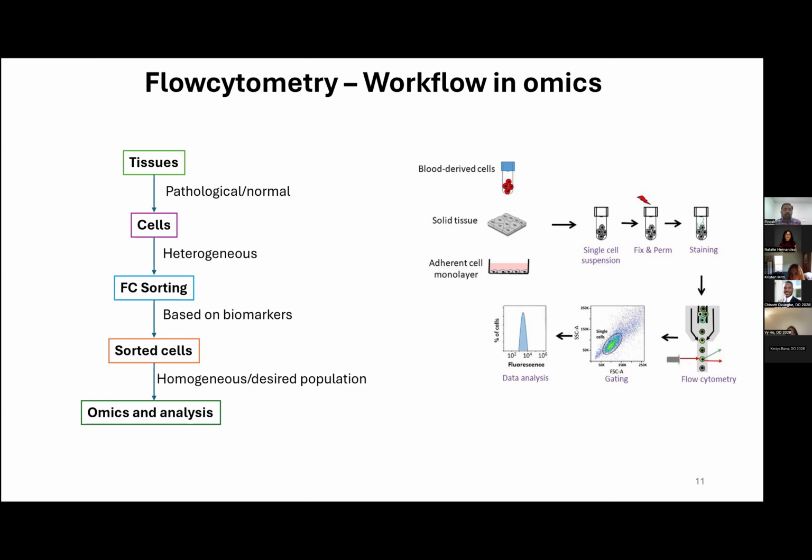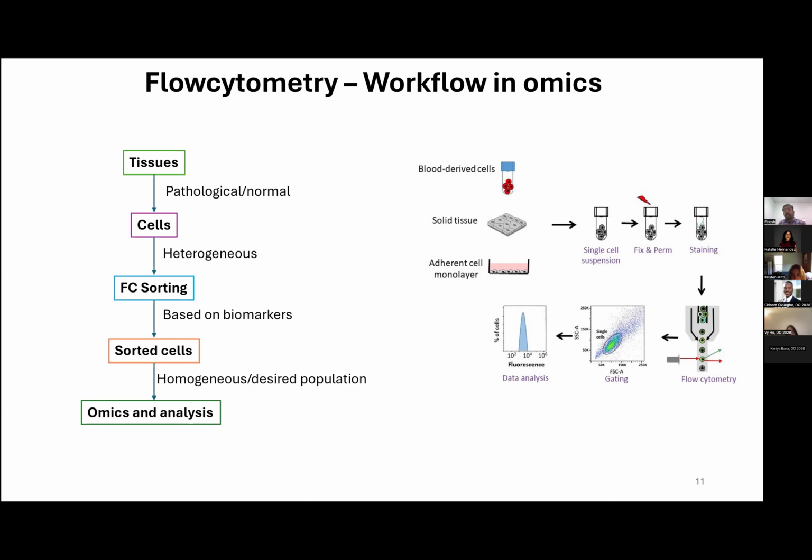For example, if you want to work on a specific type of cancer cell, or a premature cancer stem cell, you just use the biomarkers, isolate the cells, sort only those premature cancer stem cells, and use them for omics analysis. That will give a clear picture of what is happening in those particular cell types.